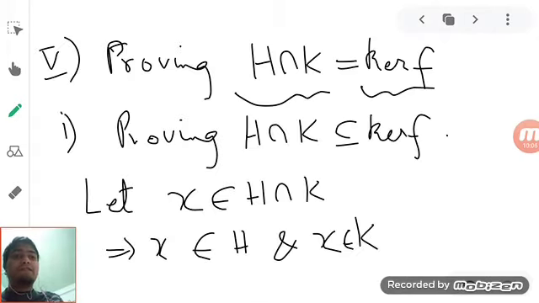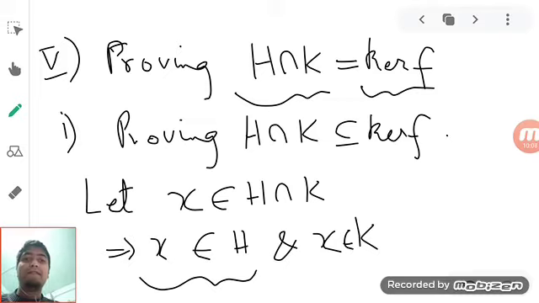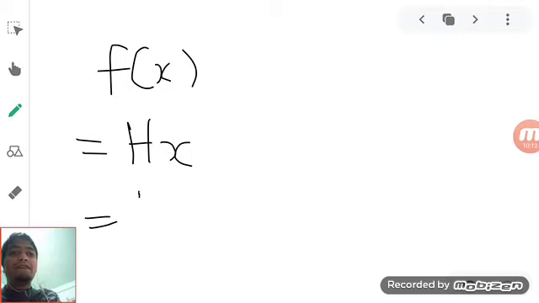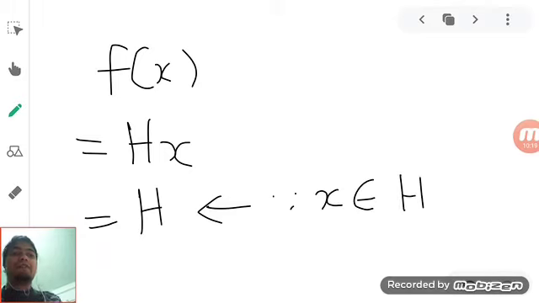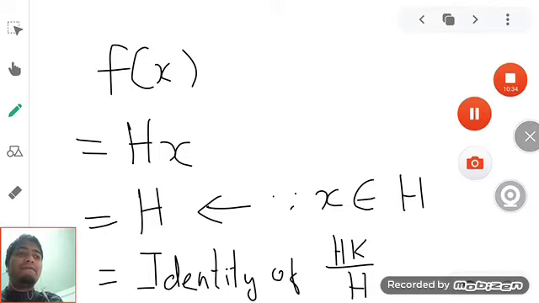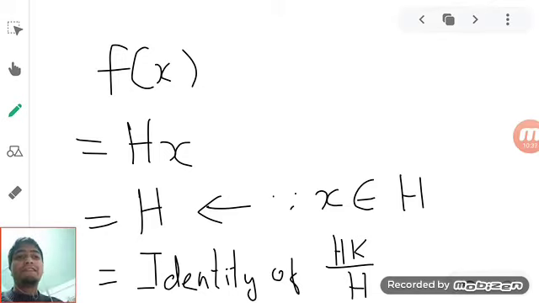But x belongs to H. x is an element of H, so it can be absorbed in H, since x belongs to H. But this H is the identity of HK over H. How do you know that it is the identity of HK over H?